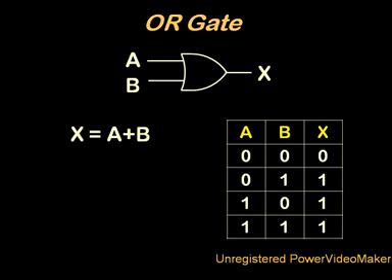Okay, 0 plus 0 equals 0, 0 plus 1 equals 1, 1 plus 0 equals 1. Ooh, but 1 plus 1 in Boolean algebra also equals 1. Maybe easier to think again about in true and false. True or true is true. True or not true also is true. Not true or not true is not true.